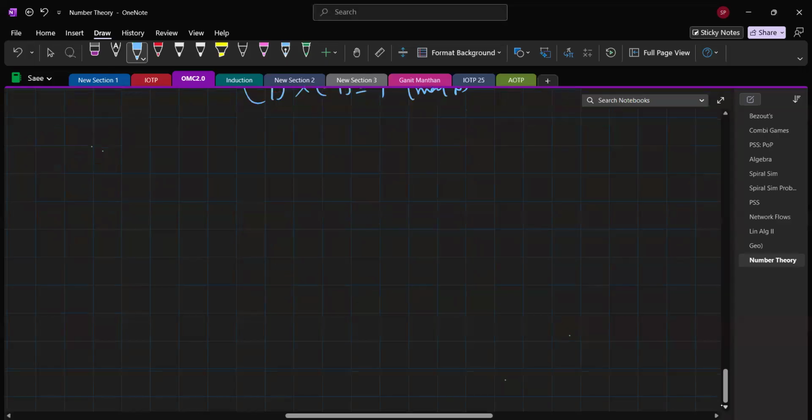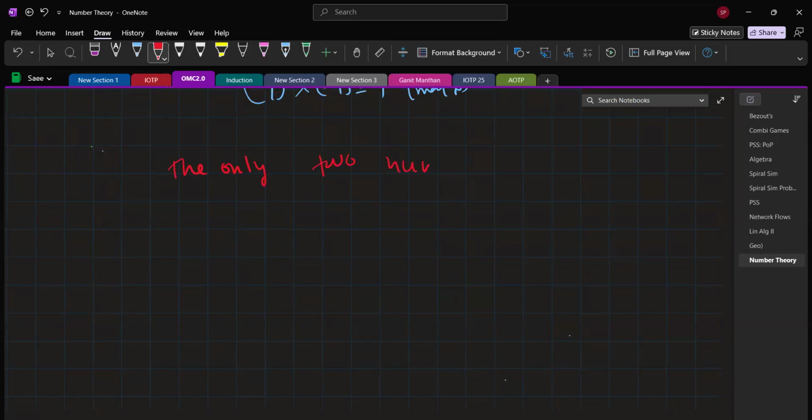So now we will show that the only numbers x such that x squared is 1 mod p, such that x is its own inverse, are 1 and p minus 1, and otherwise nothing can be its own inverse, so it's going to be part of some pair.